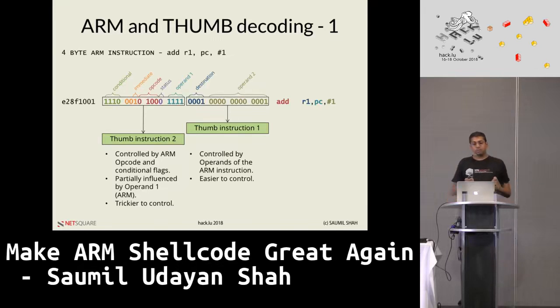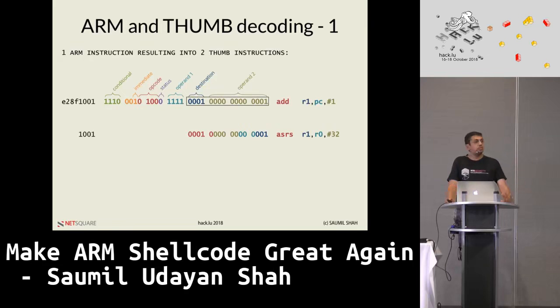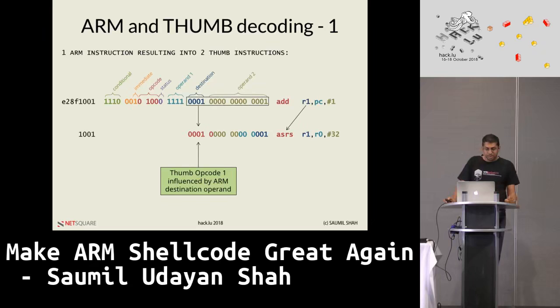But now, how do we turn this into 2 Thumb instructions? Let's see. The first one translates into the arithmetic shift right that I showed you. This is innocent, this is non-destructive, this is going to be okay. The opcode for ASRS is basically influenced by the destination bits that you see.